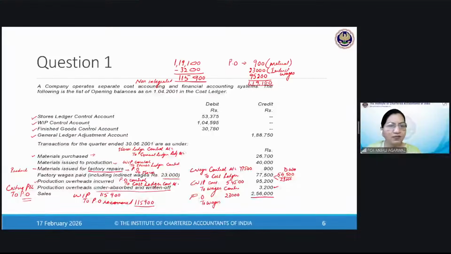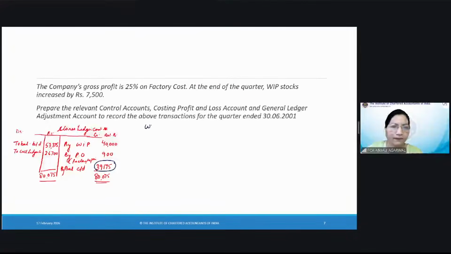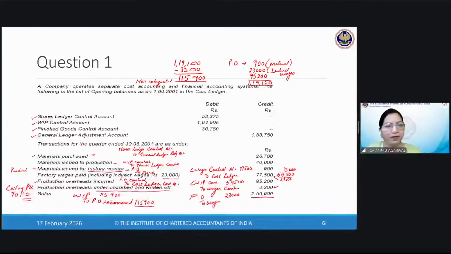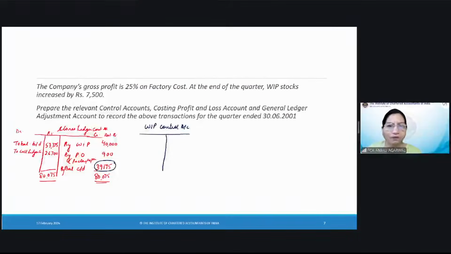The second account is WIP control account. The WIP control account had a balance of 1,04,595 already. And then you have used, material has come here 40,000.